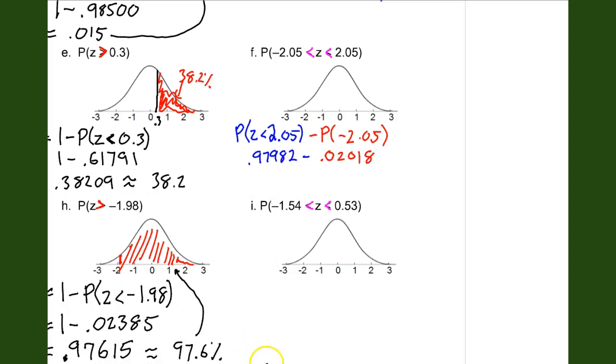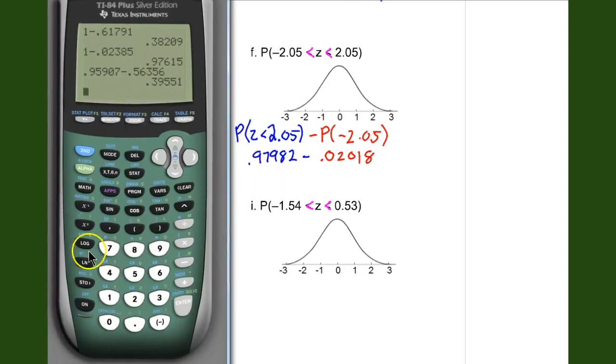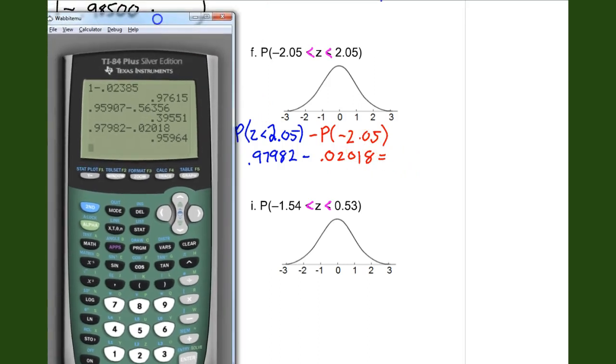And then let's go ahead and subtract those two. And we get 0.95964, which is a pretty big number, right?